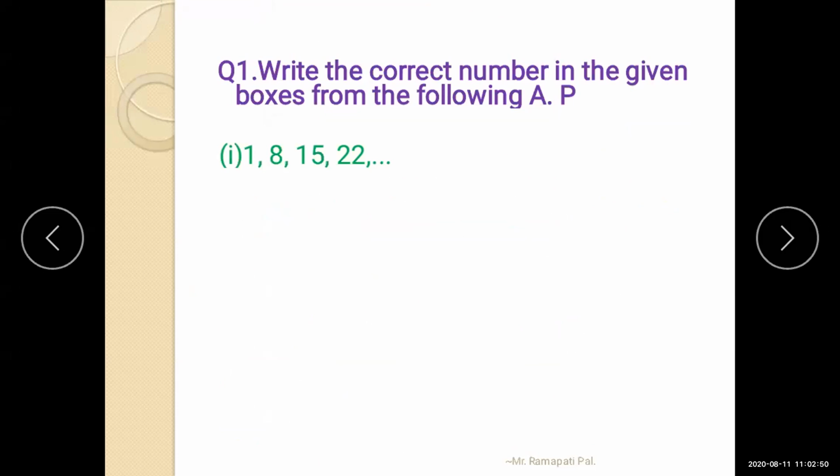Here you have to write what is A, T1, T2, T3? Just writing one will not do. You have to write A is equal to, then T1 is equal to, T2 is equal to, T3 is equal to, and then the answer you have to write in that blank. Okay, good.